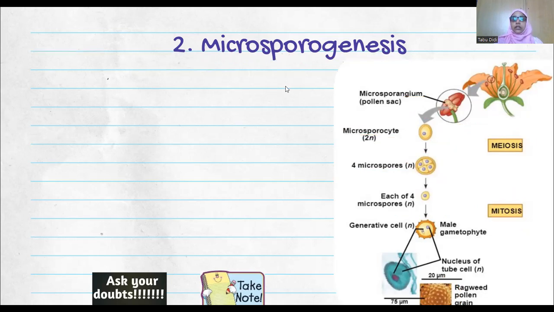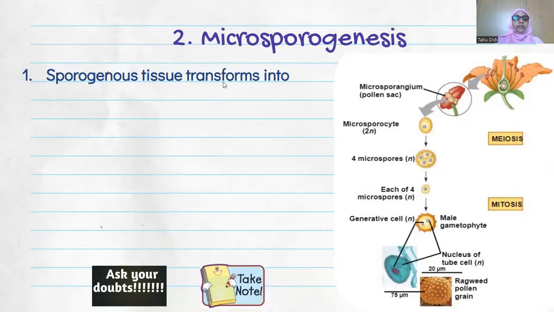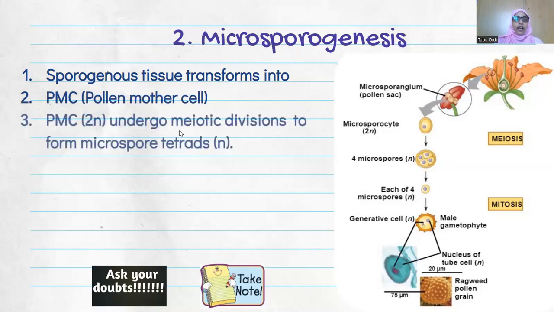Let's just revise it again. So the sporogenous tissue transforms into pollen mother cell. Okay. What is this pollen mother cell? That's the microspore mother cell or the pollen mother cell. This will undergo meiotic division to form what? Microspores. The 4 daughter cells, specifically we here call them microspores.